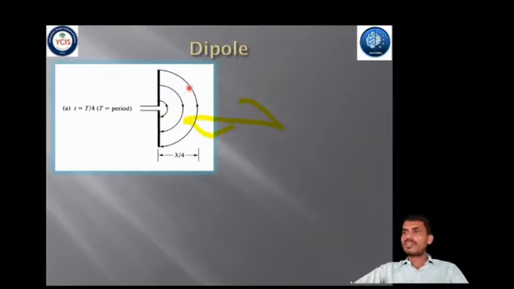During the next quarter of the period, the original 3 lines travel an additional lambda by 4. That is a total of lambda by 2 from the initial point, and the charge density on the conductor begins to diminish.